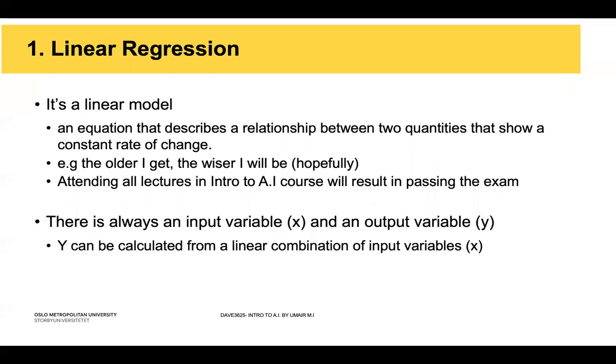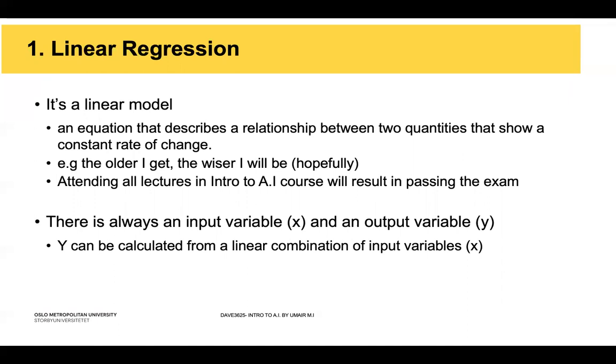The way it works is that it tries to define the relationship between two points based on how well they are joined with each other. For example, the older a person gets, the wiser the person gets. And if you attend all the lectures, you will probably pass the exam, right?